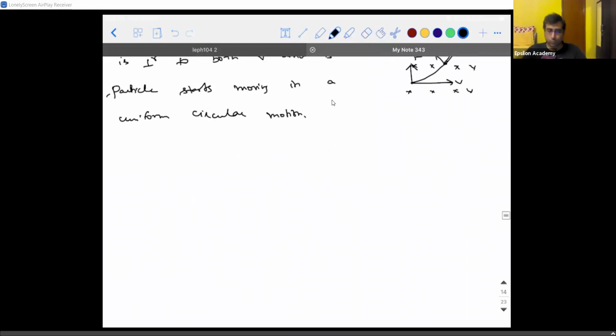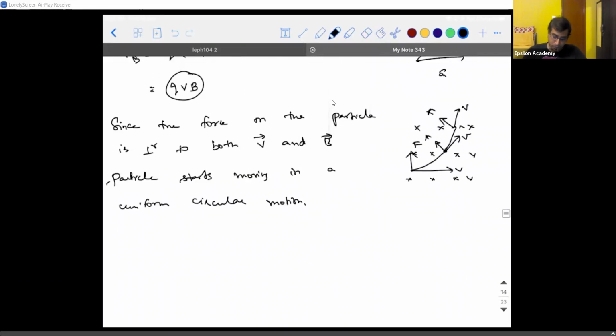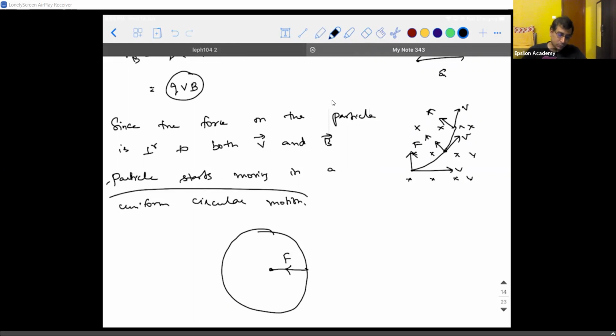So when it starts moving in a uniform circular motion, the particle will experience a force towards the center. Okay. So whenever a particle has to be in circular motion, the necessary force is centripetal force. If it is uniform circular motion, then it is only centripetal force that is going to exist.